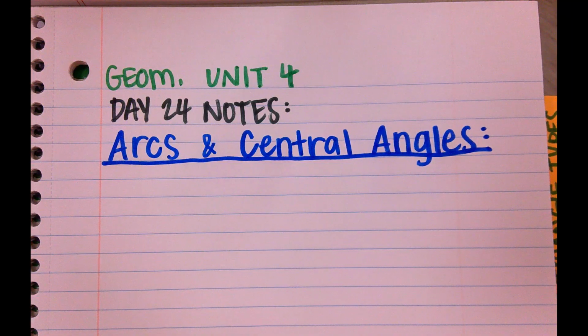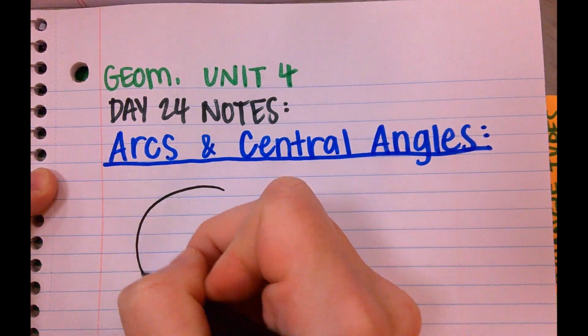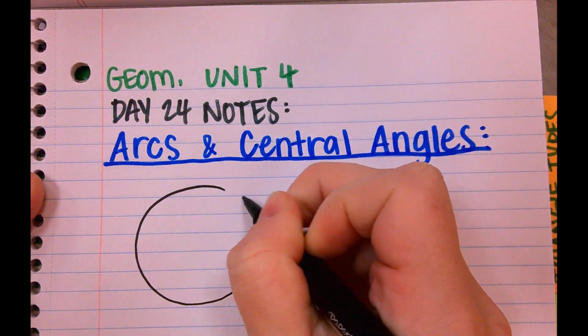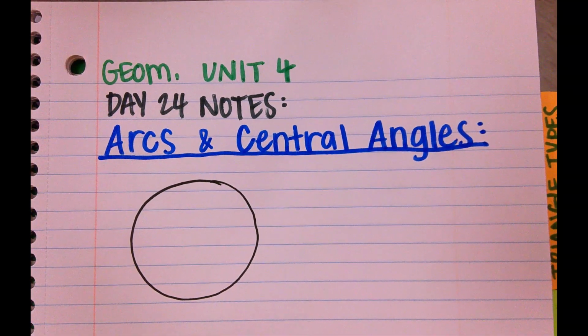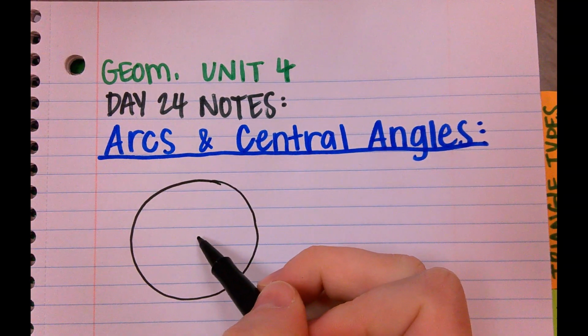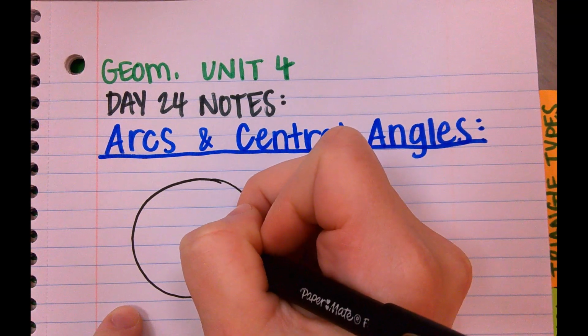I'm also going to draw a circle below this title. Draw a circle. And then we're going to put a point as close to the center as we can. Probably about right here for mine.